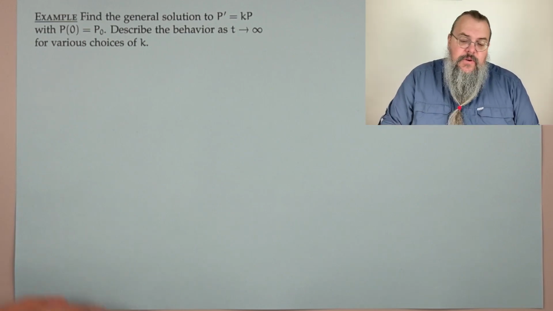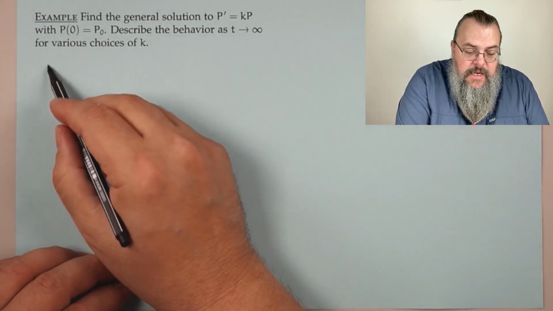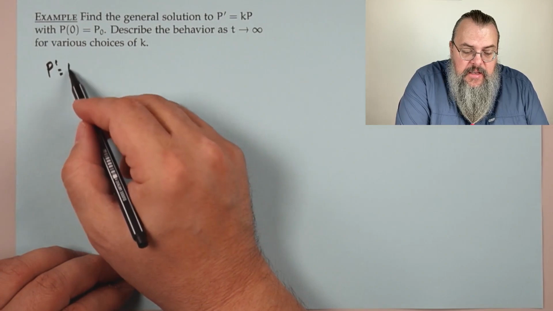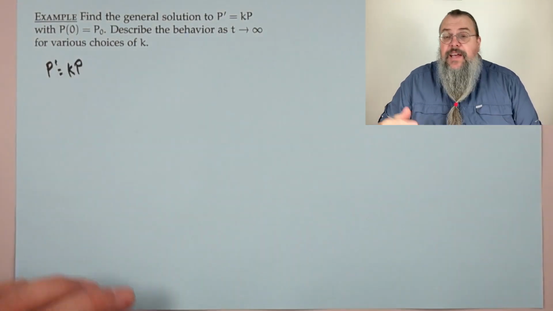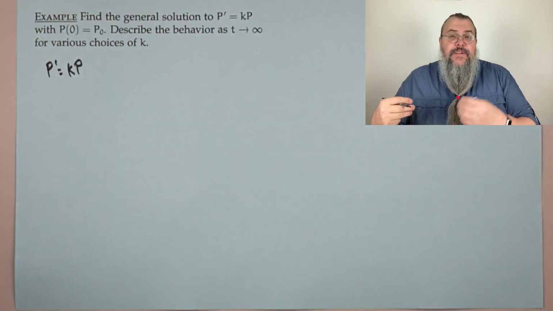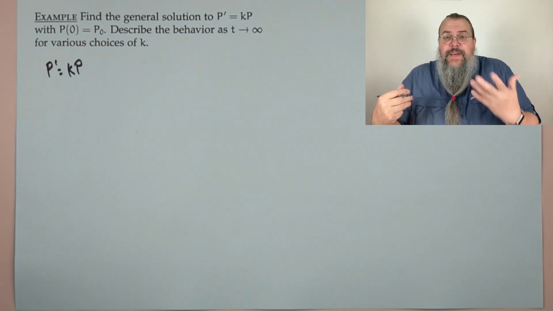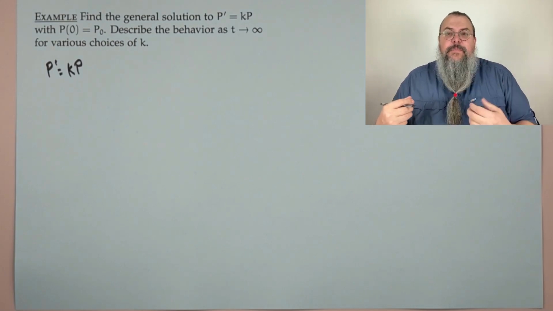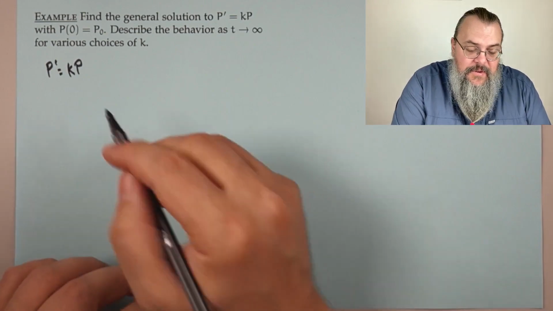All right, so what do we have? p prime is equal to k times p. Now we can solve this as a linear equation, but it's really close to separable. In fact, it really is about as simple as separable can be. So let's do separable.